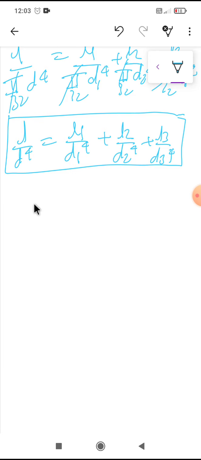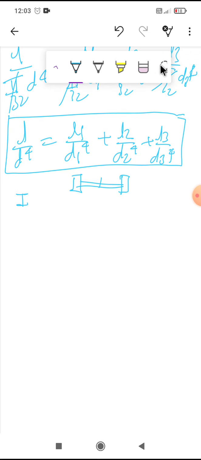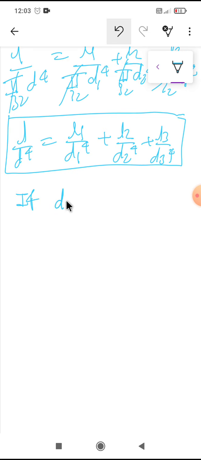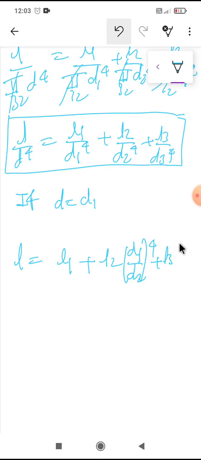Now if I require just one shaft instead of all three, and I take the diameter as the initial diameter d1, that is, if d is equal to d1, and I multiply d1 raised to 4 on the right hand side, then L is equal to L1 plus L2 times (d1 upon d2) raised to 4 plus L3 times (d1 upon d3) raised to 4.